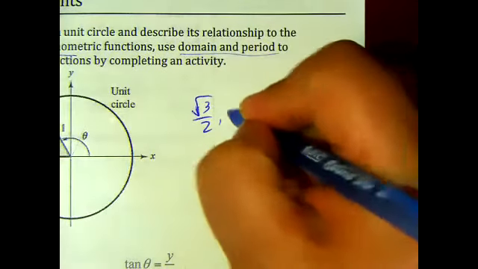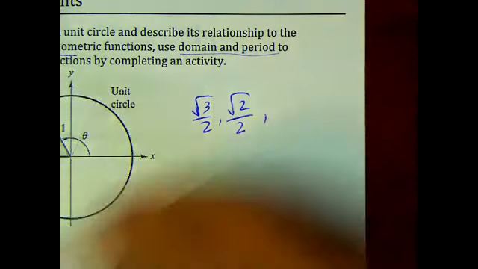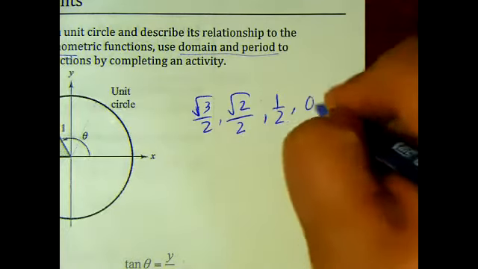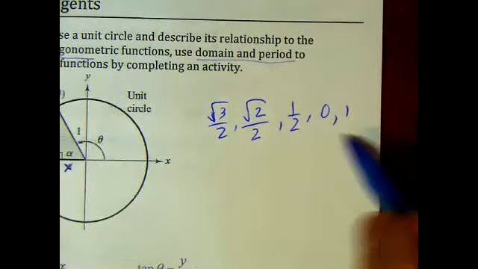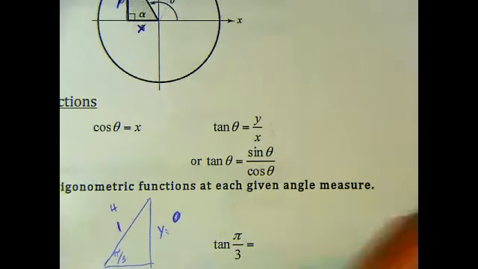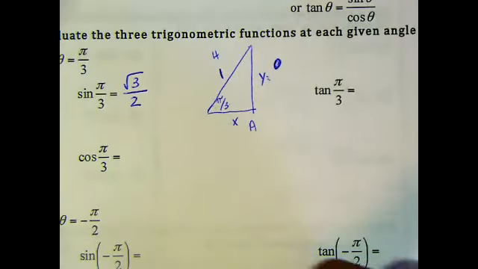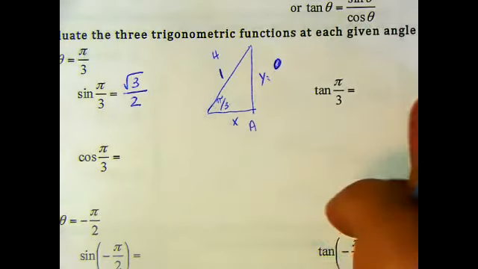Those are pretty much the values of these exact angles, like pi over 6, pi over 4, pi over 3, pi over 2, that kind of stuff. So you want to pay attention to that.